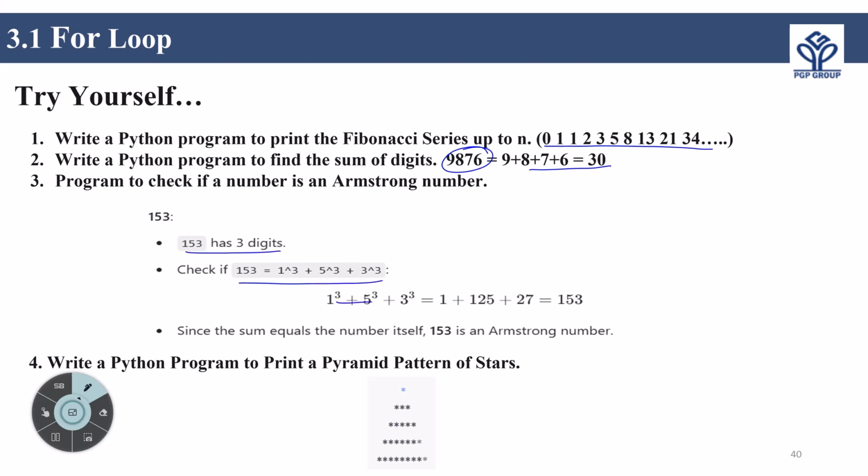So these four are try-yourself assignments for you, clear. I already explained the methods, how to execute it and how it works in our Python programming, so we can try, okay.